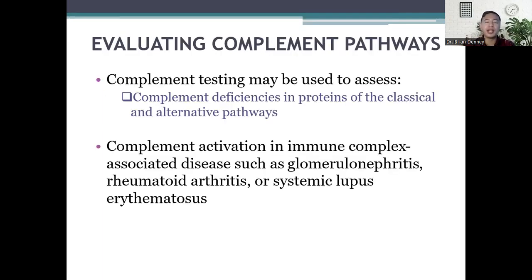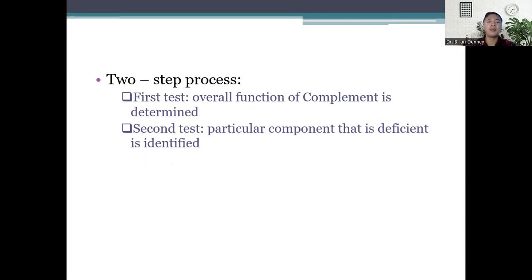So how do we know what particular complement component is deficient in your serum? We have 2 basic steps. The first step is the overall determination of the function of the complement, and then the second step is to determine the particular component that is deficient.